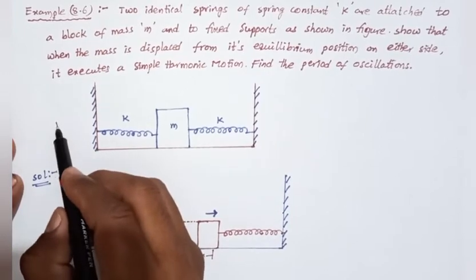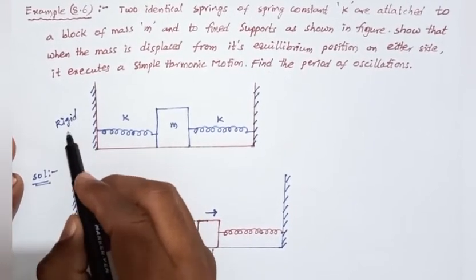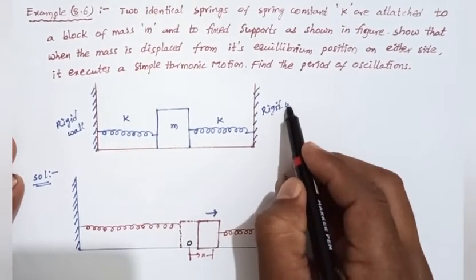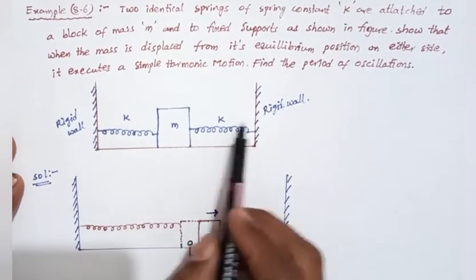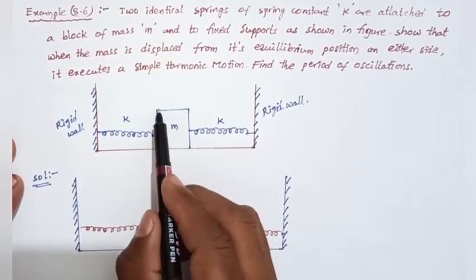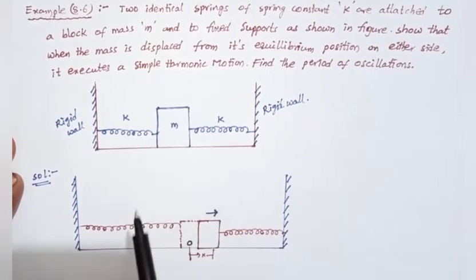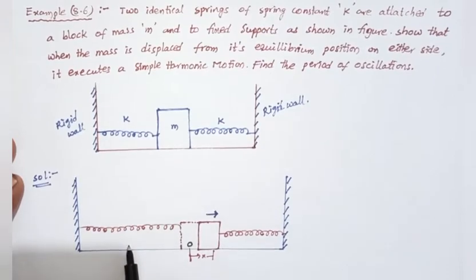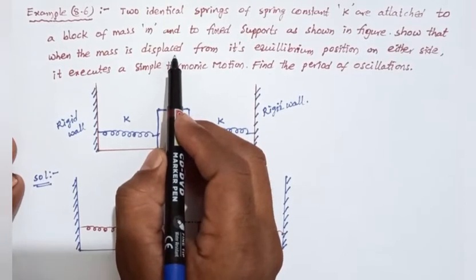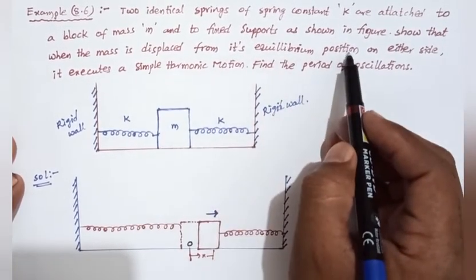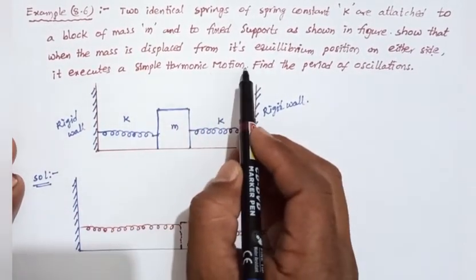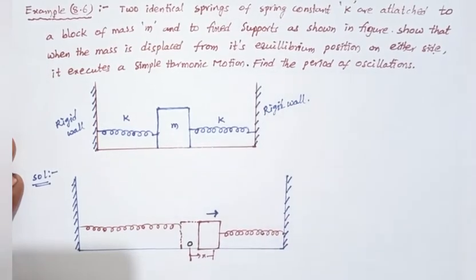This is a rigid wall, and here also a rigid wall. Show that when the mass is displaced from its equilibrium position on either side, it executes simple harmonic motion. Find the period of oscillations.